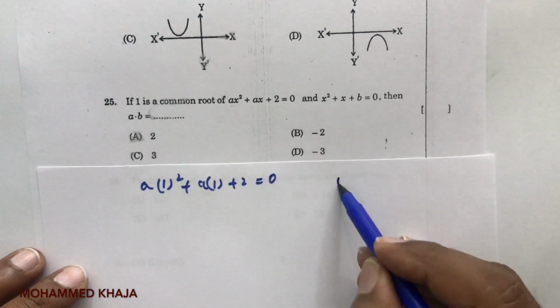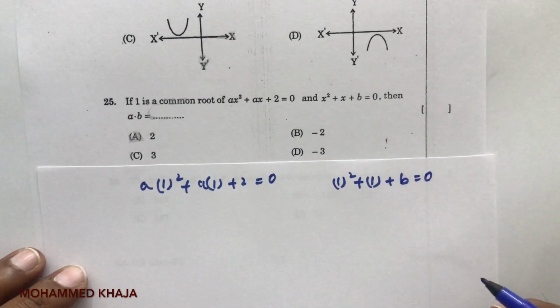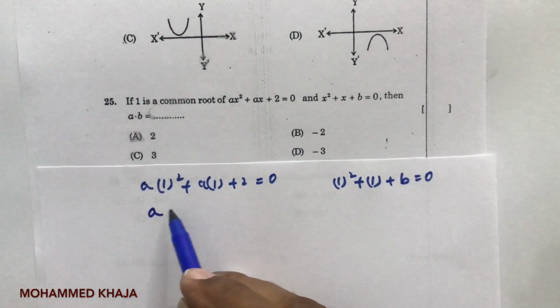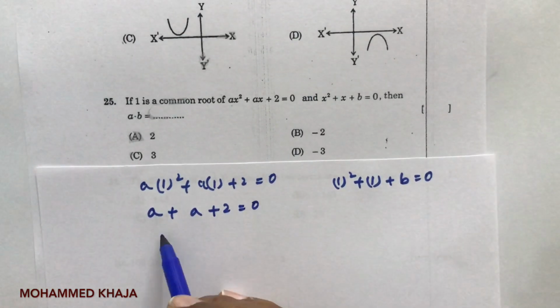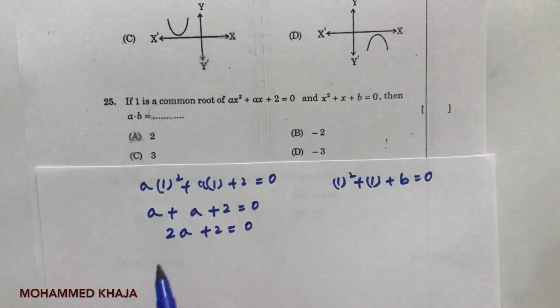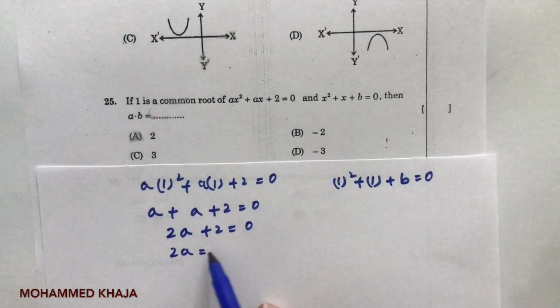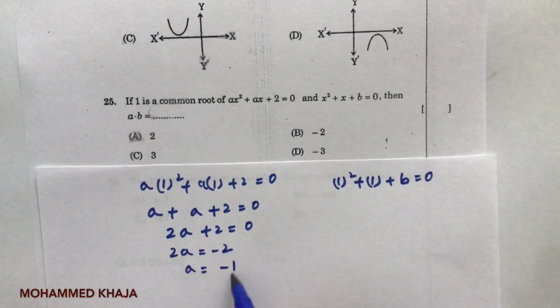And in the second, 1 square plus 1 plus b equals 0. So here I'll get a plus a plus 2 equals 0, 2a plus 2 equals 0. 2a equals minus 2. A equals minus 2 by 2, which is minus 1.